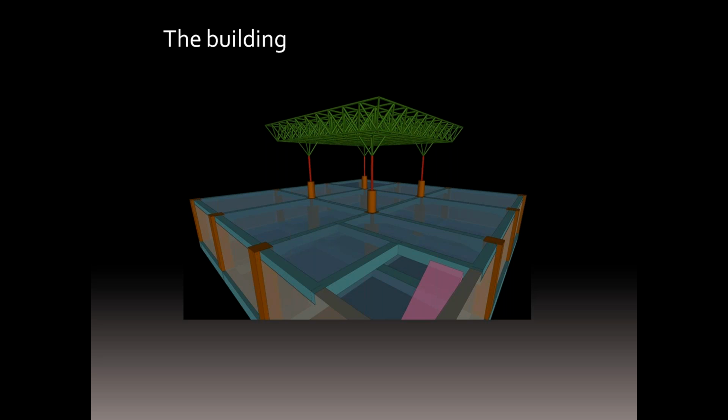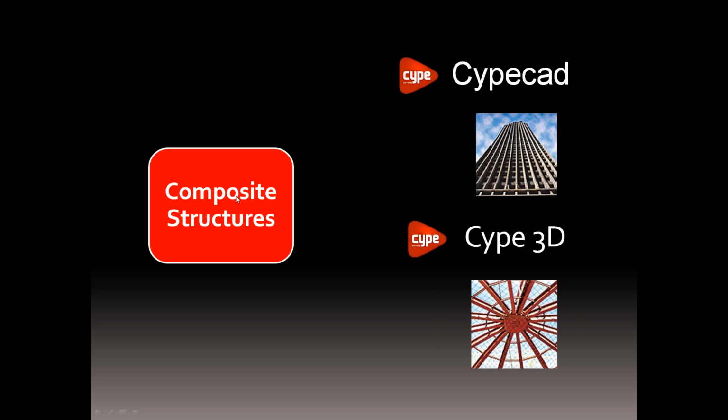So the tools we will use during this presentation are CYPECAD and CYPE3D. CYPECAD is a program that in general targets structures like buildings. With the word building, we are talking about vertical supports like columns and walls, and horizontal elements like beams and slabs.